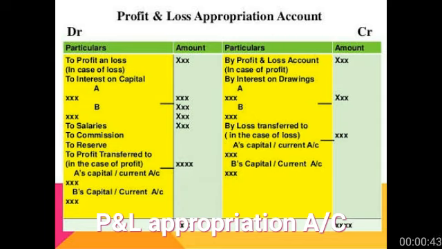Remember, divisible profit that we have discussed few minutes before, this is considered as divisible loss. Now divisible loss will be transferred to capital account or current account debit side. If only capital account, then capital account. If current account also we are preparing, then it is recorded in current account.